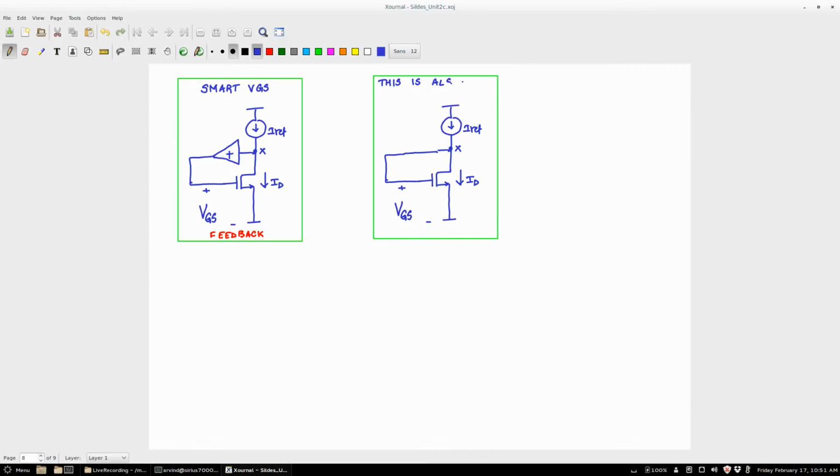It still works, right? That's also a valid solution. So we will start with this simple solution, and then we will look at other feedback systems where some advantage might come if you have a gain block there. The solution that I have drawn here is also a valid solution.